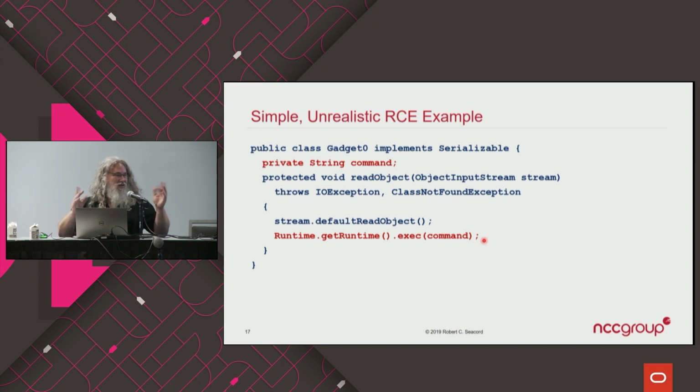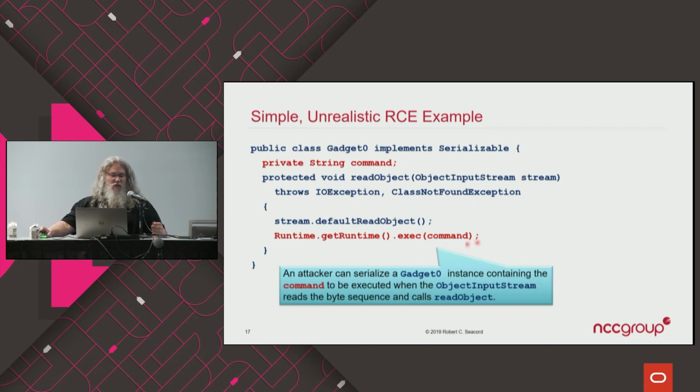I still have to call it unrealistic because it just seems too dumb to be true. The developer's thinking of how this is going to be used, which is valid: I've got three or four methods which can set this private command string to certain specific commands, and I know that all those commands are safe and can safely be invoked. And what they're not considering is serialization and deserialization.